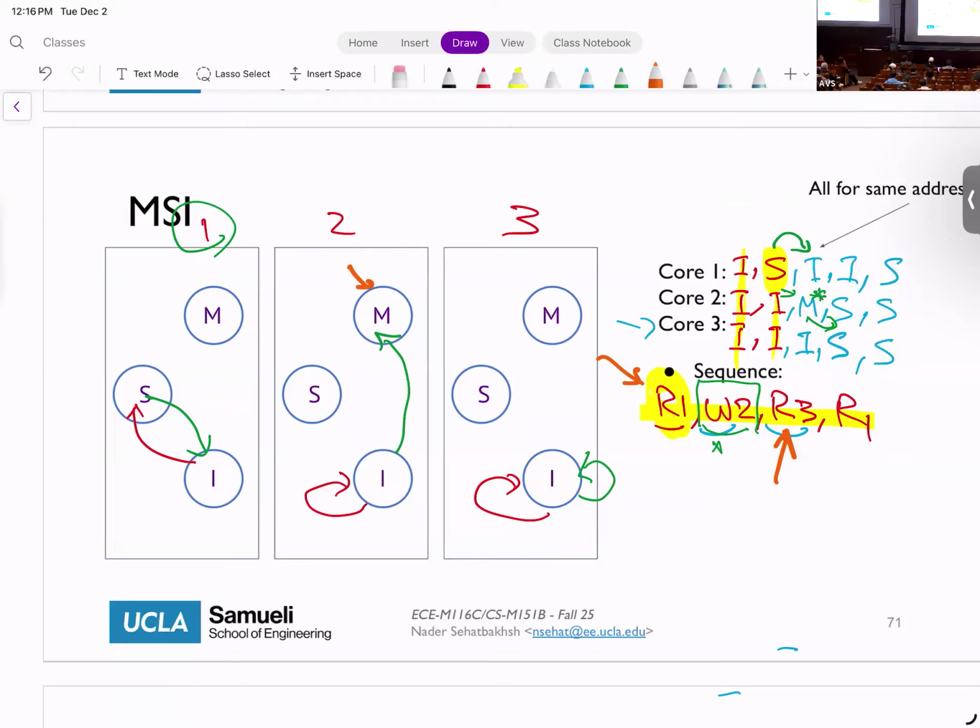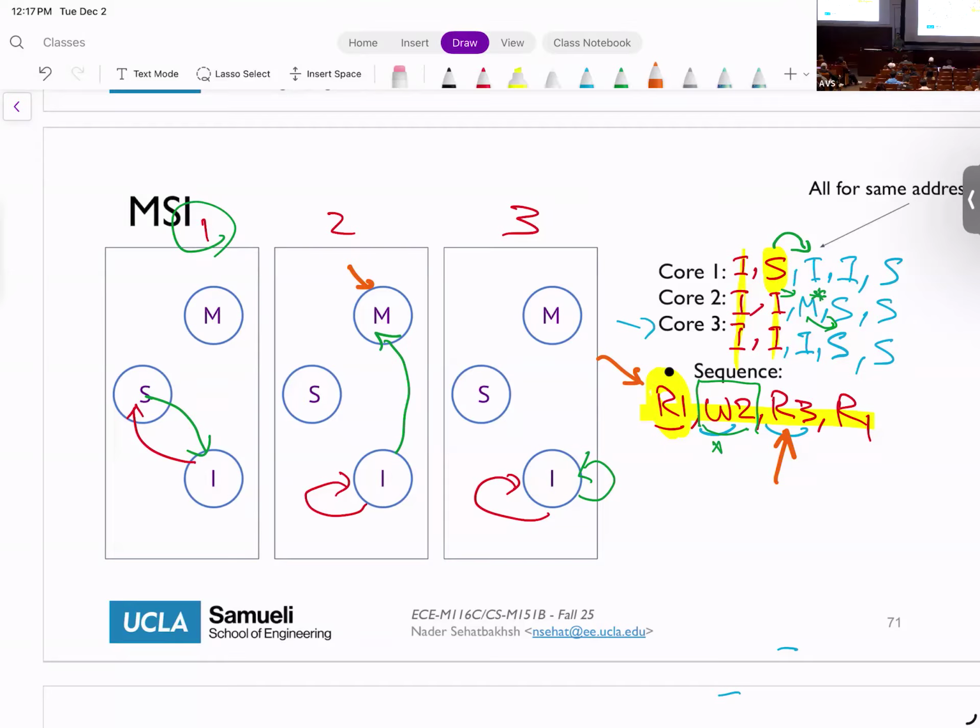So imagine that we are doing write back. If it did write through, then both the copy in the main memory and core number 2 would be updated. But if you do write back, only the copy inside the private cache of core number 2 is the most recent and updated value.